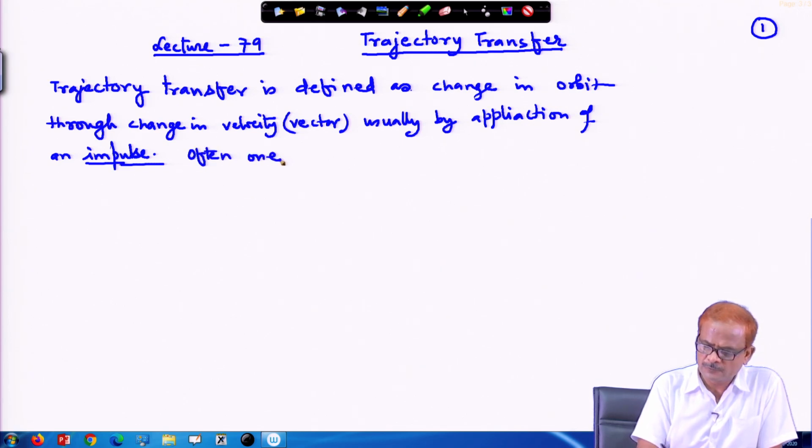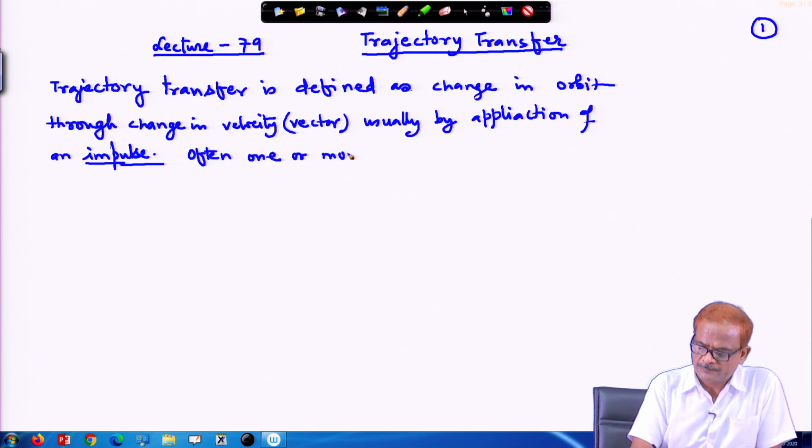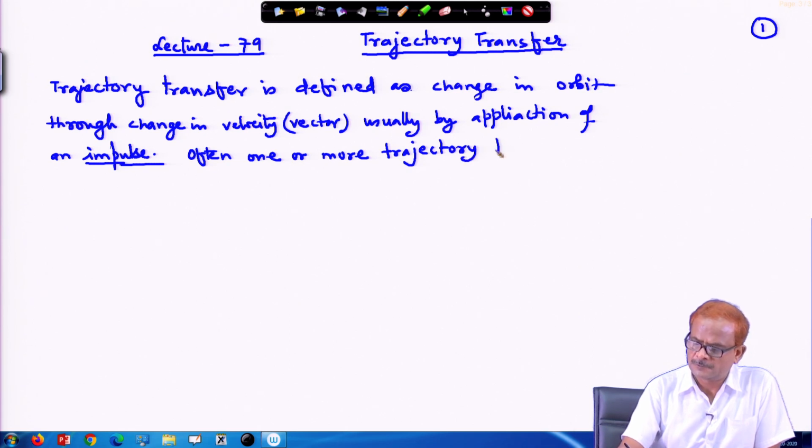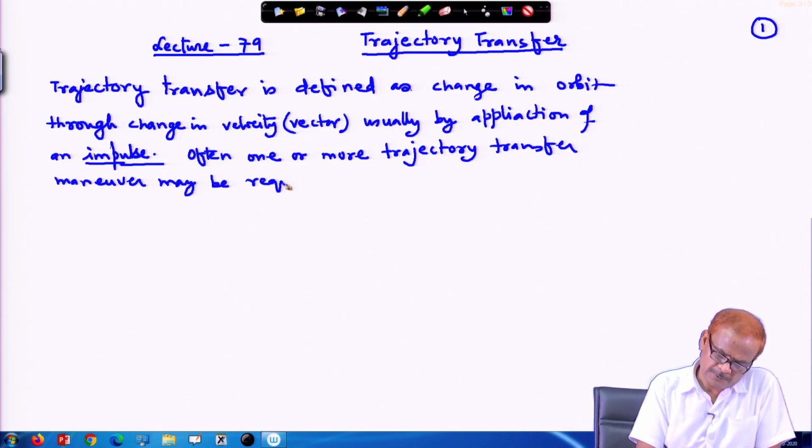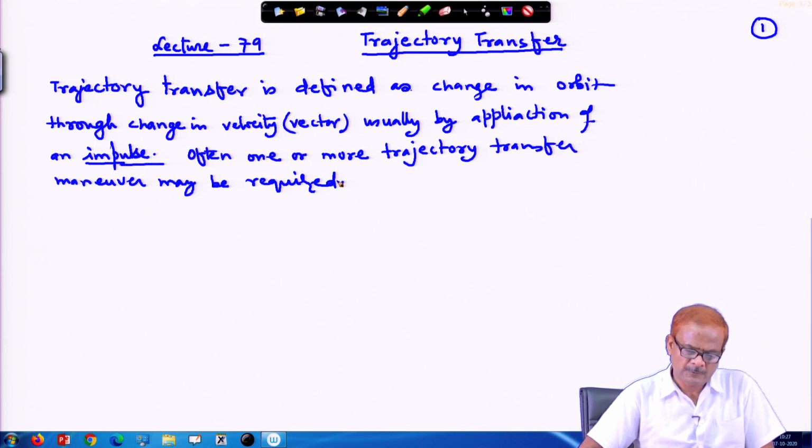Often one or more trajectory transfer maneuvers may be required. Sometimes it may be 2, sometimes it may be more.